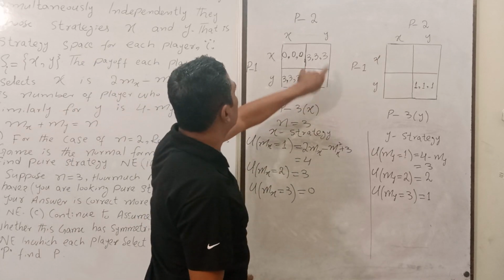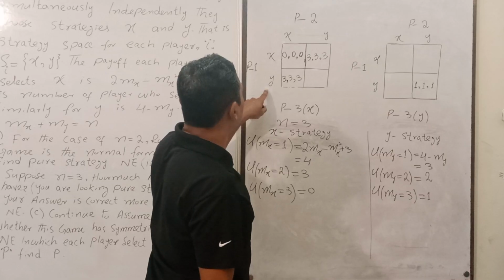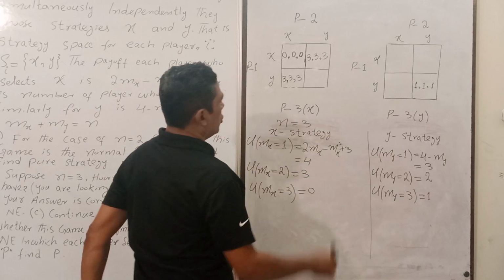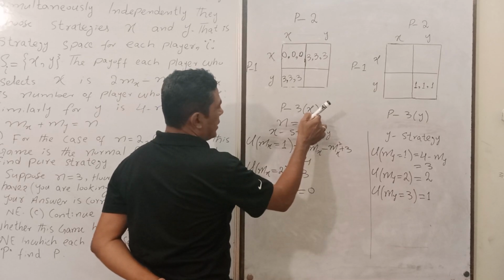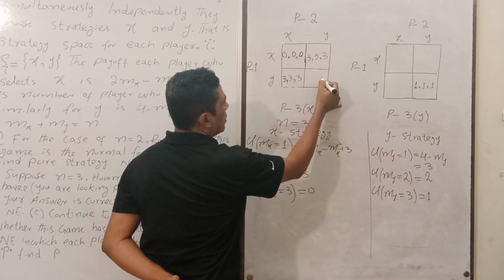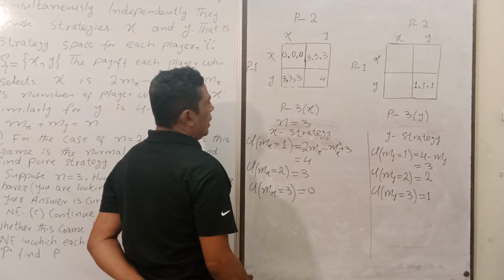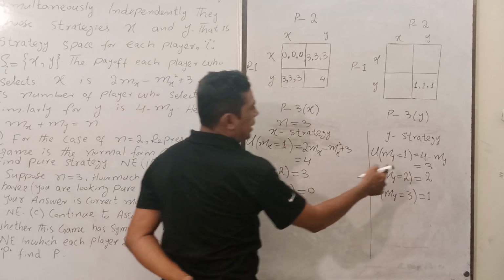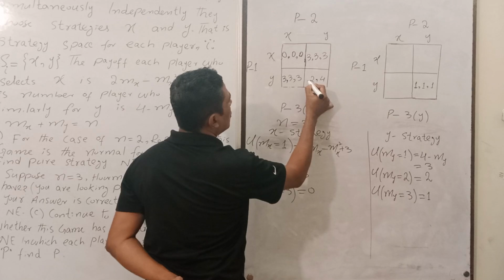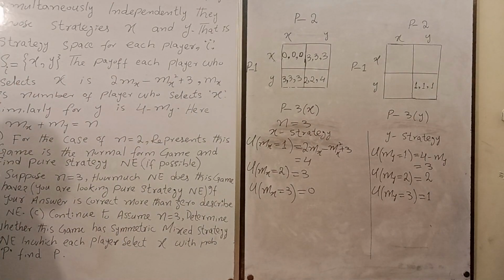This one: player 2 plays strategy Y, player 1 plays strategy X. So what about mx equal to 1? This one is 4. Okay. And my equal to 2, so comma 2 or 2. You got my point?